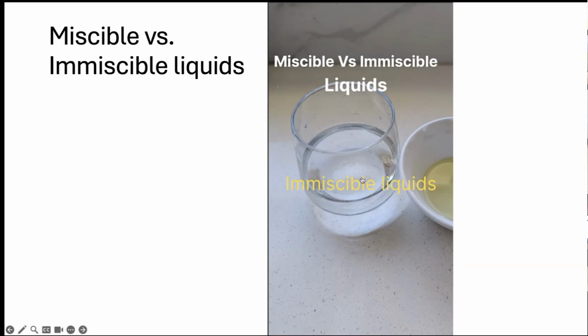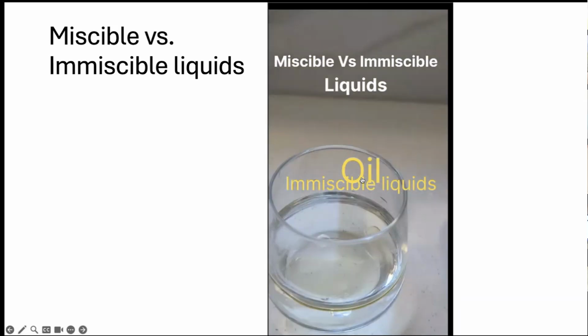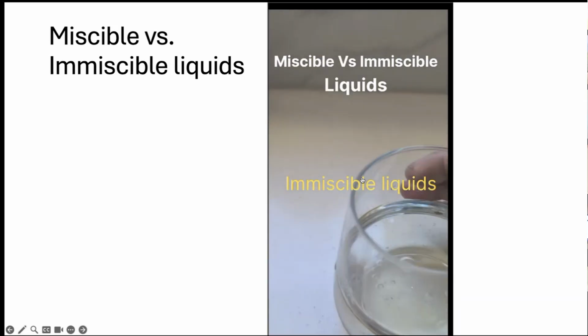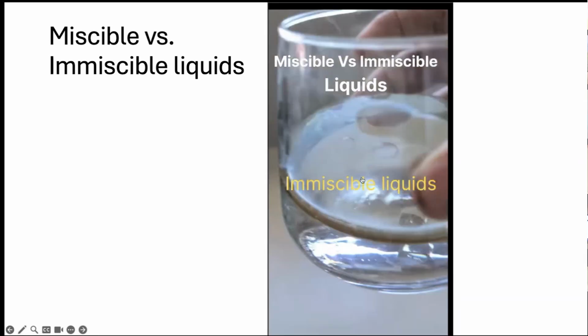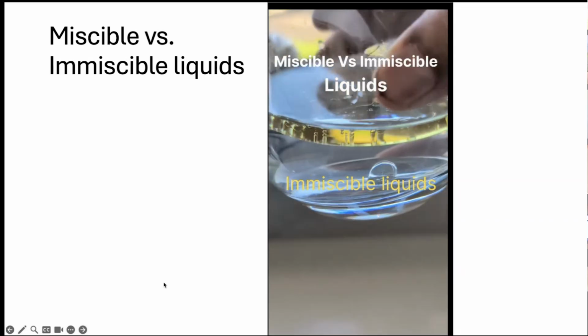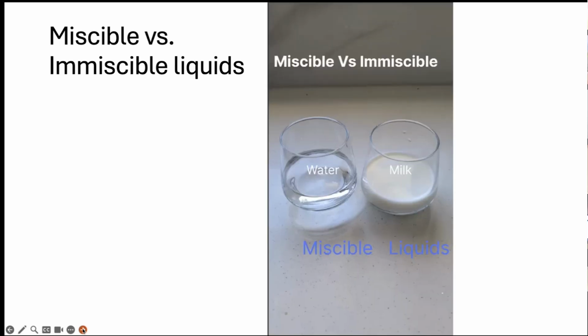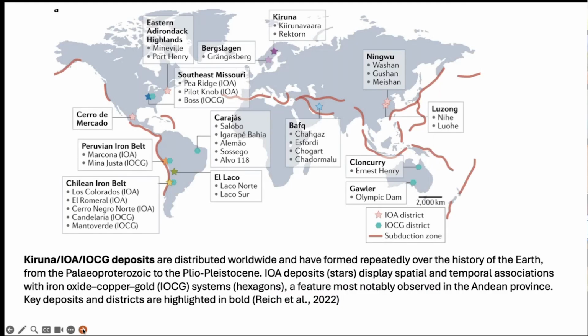Immiscible liquids: liquids which do not mix with each other and form a separate layer are called immiscible liquids. They are separated by using a separating funnel. So that's the regular environment, standard temperatures and pressures. Immiscible liquids at the high temperatures where you have magmas, that's an area of significant interest.